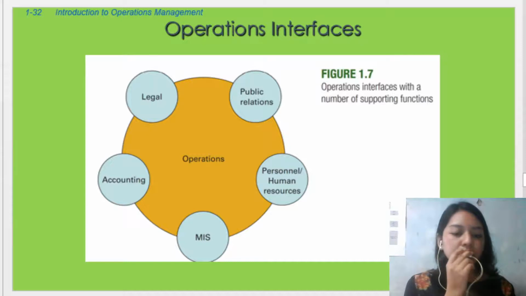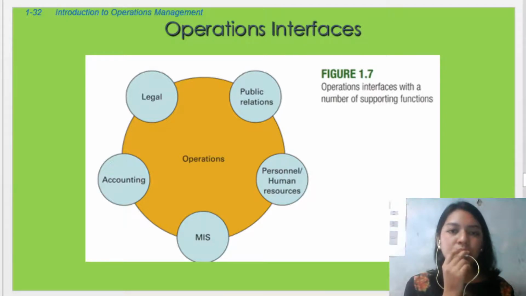Contracts between employer and employees, contracts between the customer and the business, legal documents, the rules and regulations of the company, so that operations can run properly.